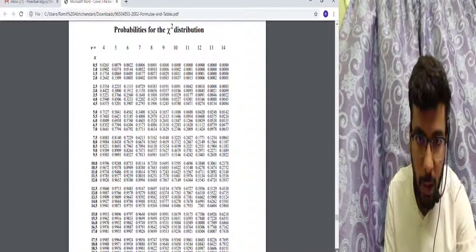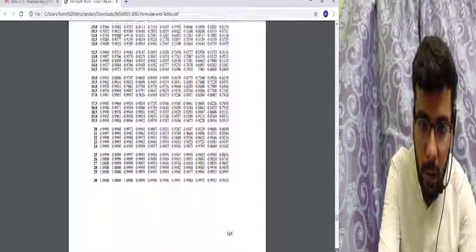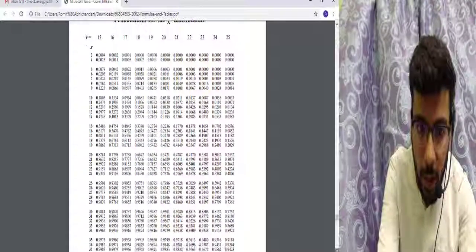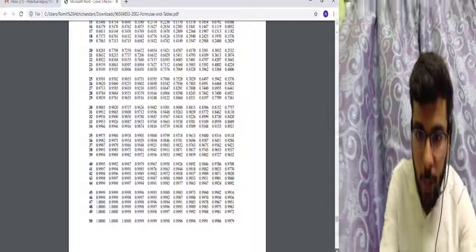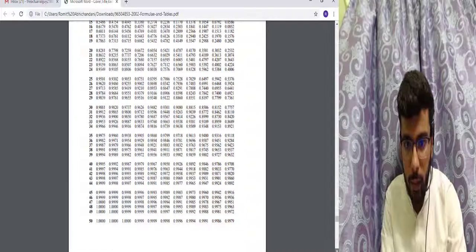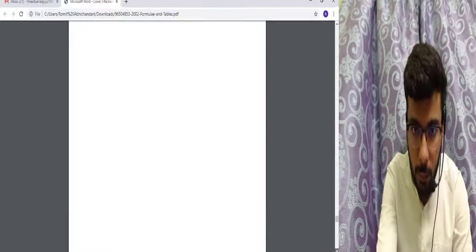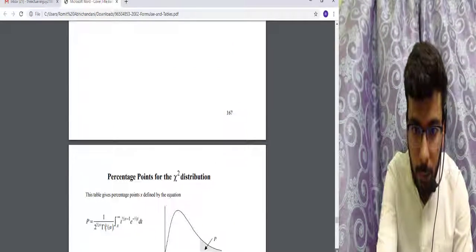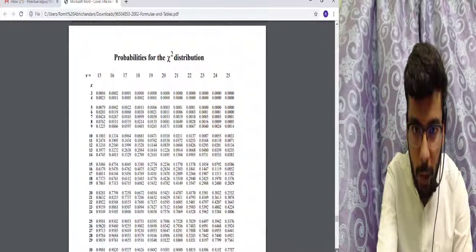Let's go here. Chi-square 1 to 14 is here. I have to go for chi-square 20, right? Chi-square 20 is here, and I have to check the value 56. So beyond 50, it is almost equal to 1.